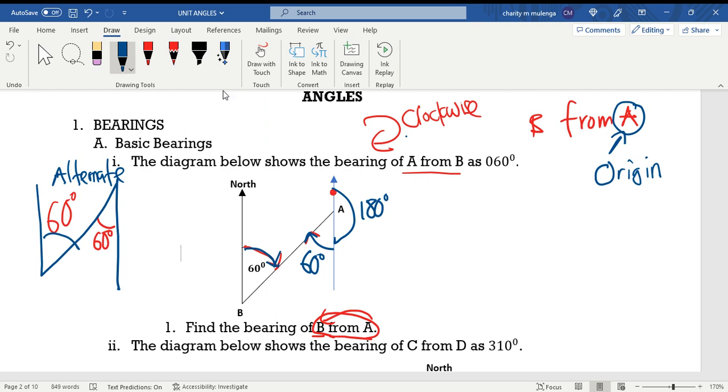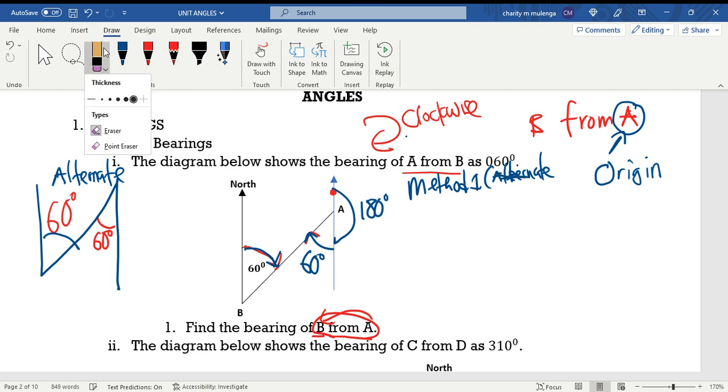So we can answer this bearing in two ways. I'll say method one. Method one, I can use alternate angles. So to find that bearing there, I'll just add 60 and 180.